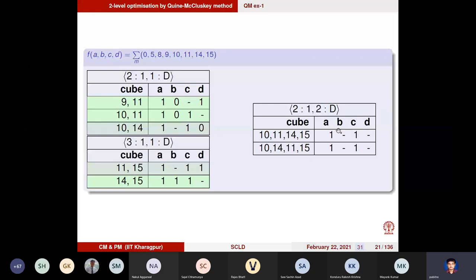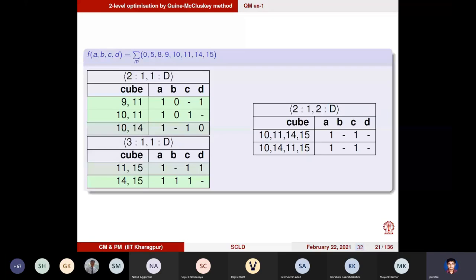I'll combine 1 1 2 dash with 2 1s and 2 dashes. If they combine, I'll put a tick mark. I'll repeatedly do this until either all of them become don't care or nothing can be combined with anything else. Then I stop.